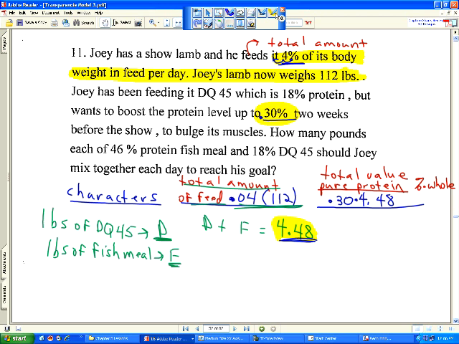Now how much is that? Somebody hit it right quick. I lost it. What's that? 1.344? There you go.